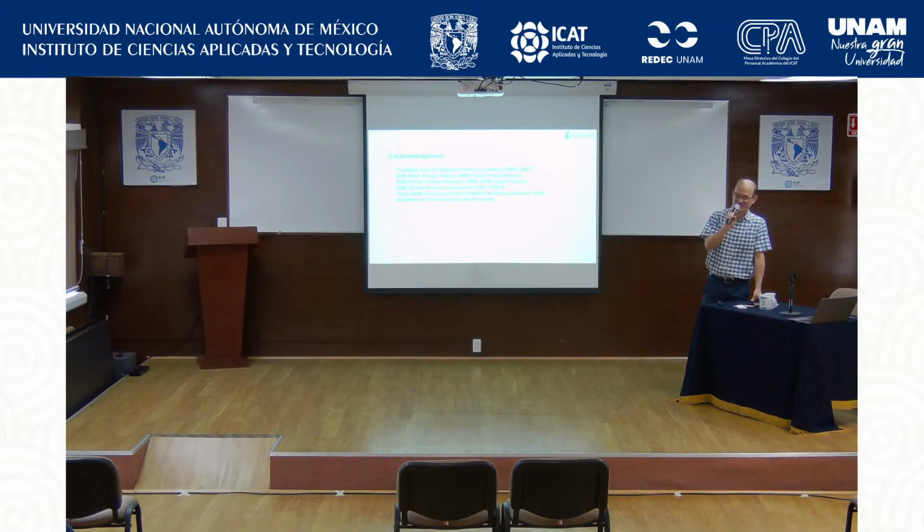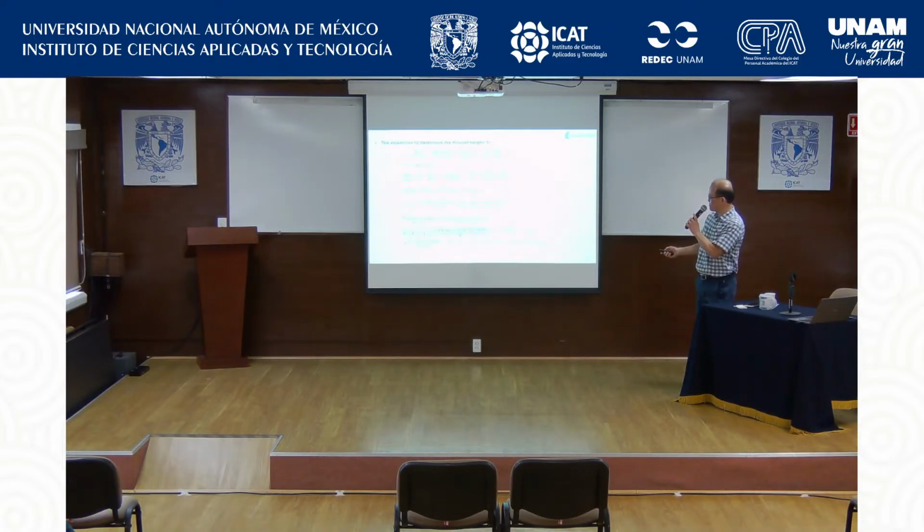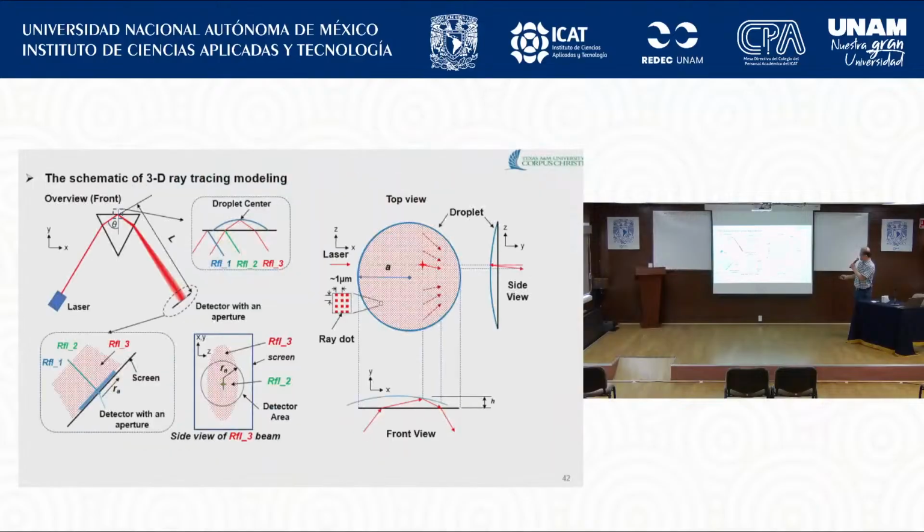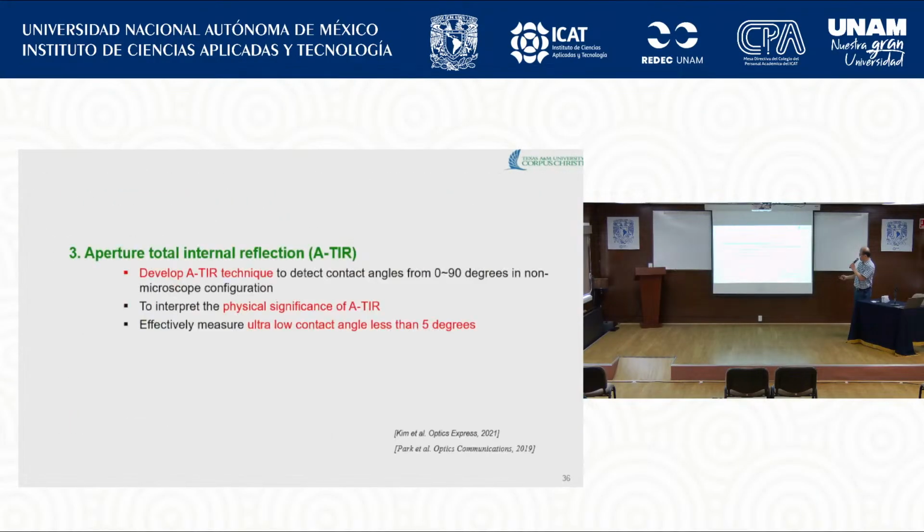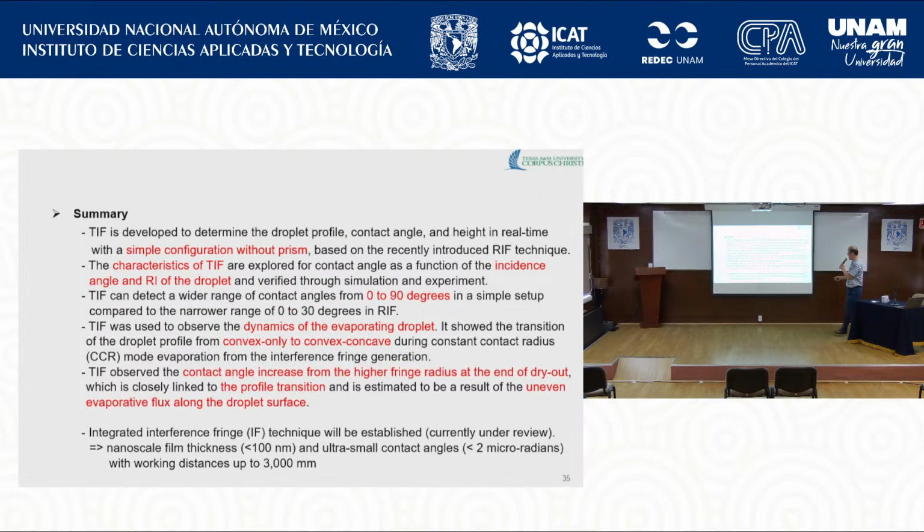Another question: what limits you from going below 5 degrees? Let's talk initially about the interference fringe technique. It can detect less than 2 microradians. Actually, we can go below that with an extended working distance.